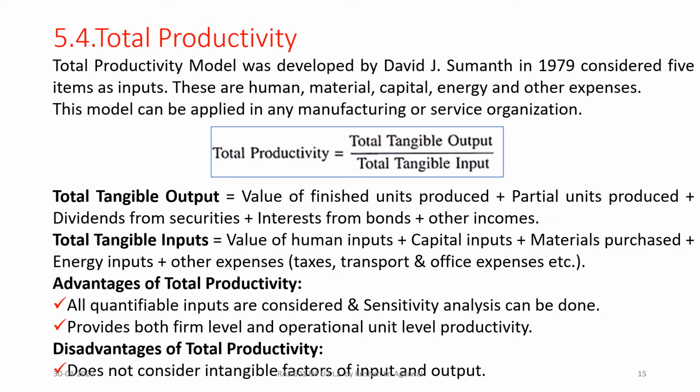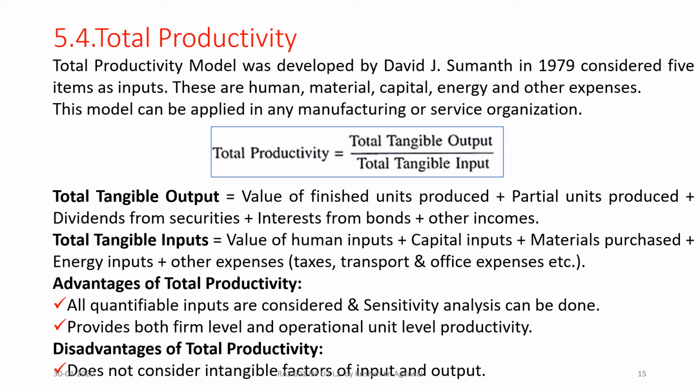Next comes total productivity. As the name suggests itself, it's the ratio of total output to the total input. Here, output as well as input are considered only in the form of tangible goods. Like, we'll not consider the services which are mostly intangible.